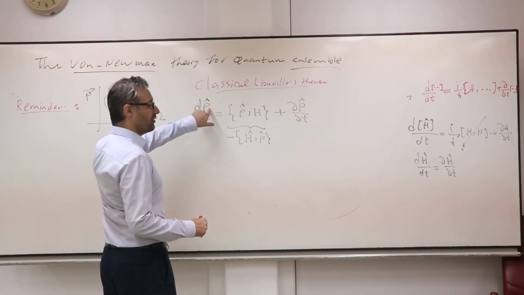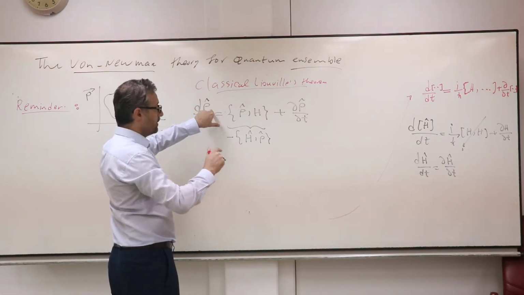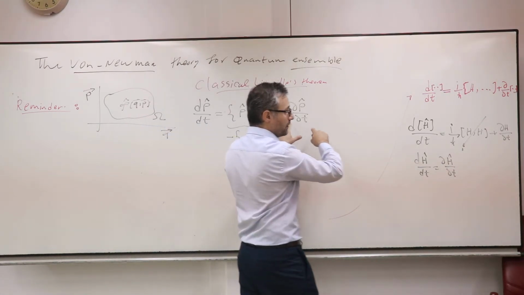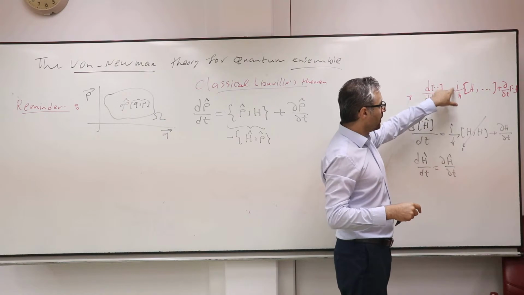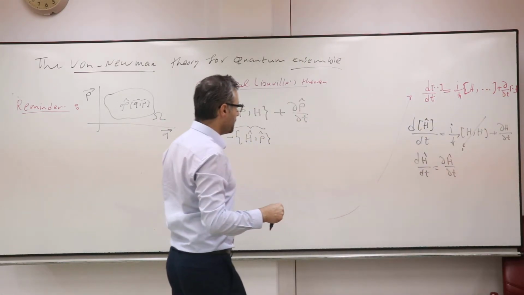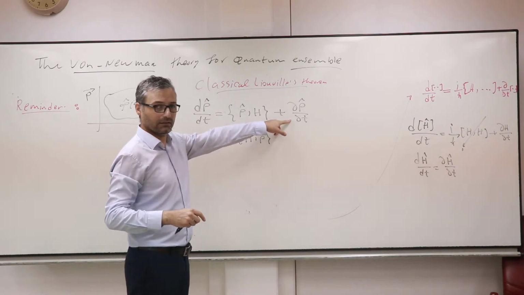Don't think this rho is the same as here. Just d/dt is minus the Poisson bracket plus the partial derivative, and d/dt is i/h-bar times the Dirac commutator plus the partial derivative. So what you understand is the partial derivative is the same as here.